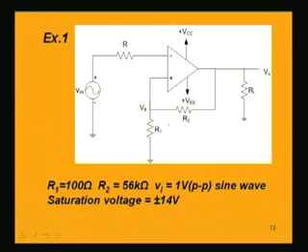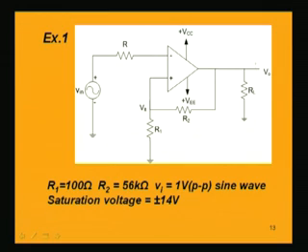Input voltage is a sinusoidal voltage whose peak to peak value is 1 volt, and at some frequency which is not very important, because we are going to find out the shape of the output voltage, and here the saturation voltage is plus minus 14 volt. So, this is the Schmitt trigger configuration where we are given the resistance values as well as the input voltage.